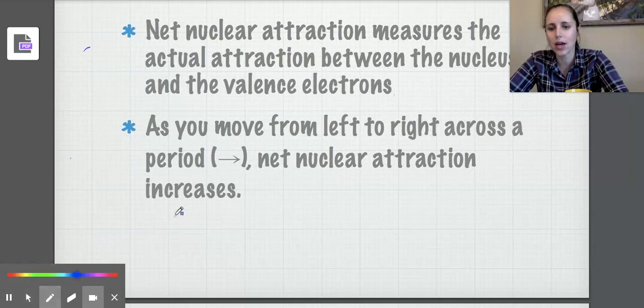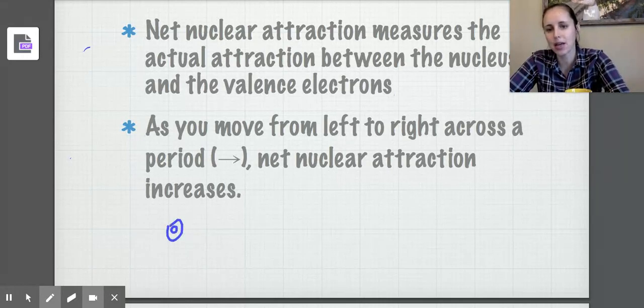I'm just going to draw a little sketch here, but I'm also going to record the number of protons. So we're going to think about lithium again. Remember that lithium has one valence electron, but lithium also has 3 protons. Then we're going to take a look at our next element here, beryllium. Beryllium also only has 2 shells, but beryllium actually has 4 protons, right?